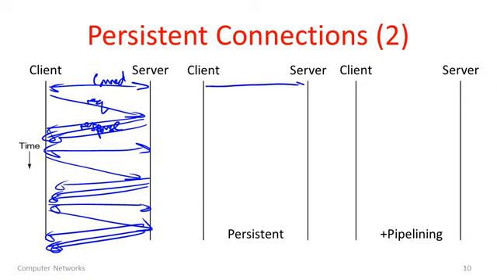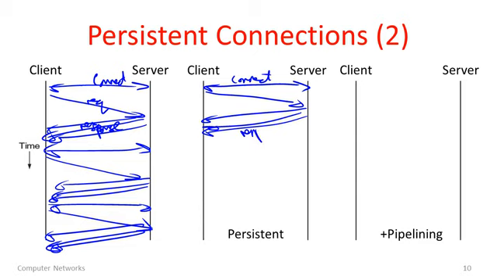Okay, so for persistent connections, here's how it would work. You would, first of all, you've got to make your TCP connection. You can't get around that. Now you send the request. Now you get back the response. Looks just as usual.